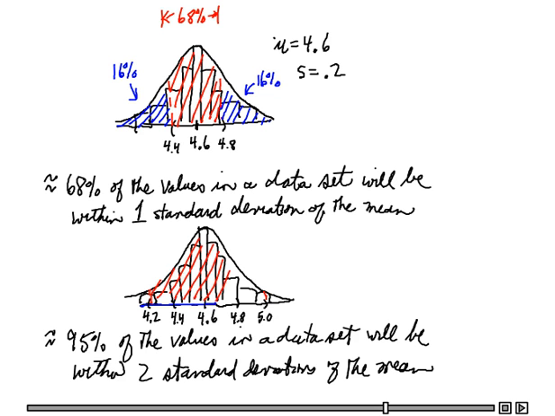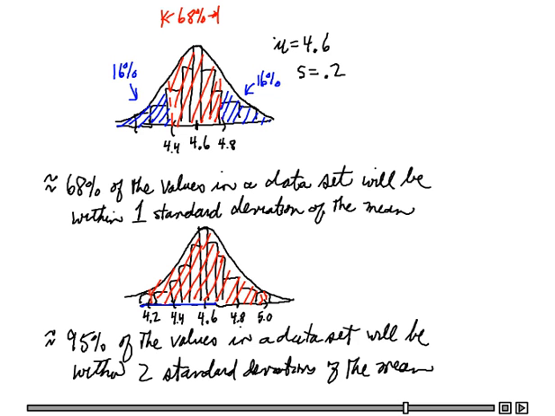According to the empirical rule, approximately 95% of the data in a data set that's mound-shaped will be within 2 standard deviations. So quite a large percentage of the data will fall within 2 standard deviations. In this case, 95% of the Hershey Kisses in the bag would fall anywhere from 4.2 grams all the way up to 5 grams.